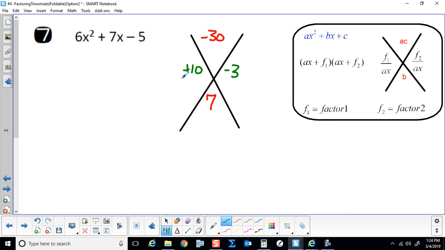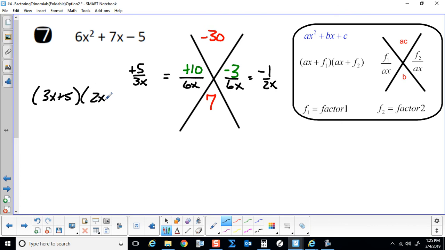And then divide by ax, which is 6x, 6x, and now let's reduce. That's going to be 5 over 3, so a plus 5. This is going to be a minus 1 over 2. And that's going to give me 3x plus 5 and 2x minus 1.